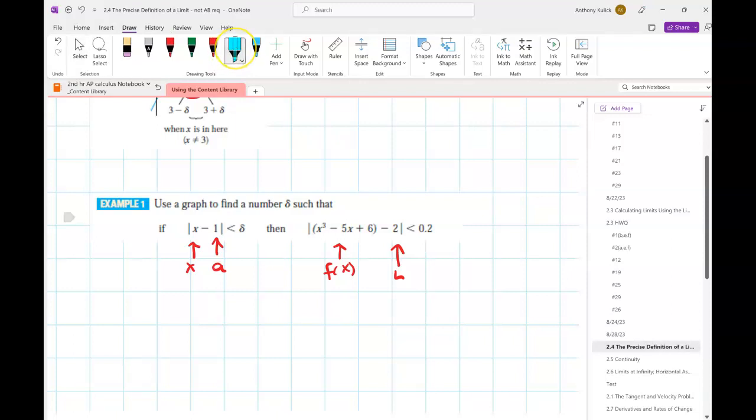So we're always going to start with this piece here, the part with the epsilon. How do I rewrite that absolute value inequality without the absolute value?